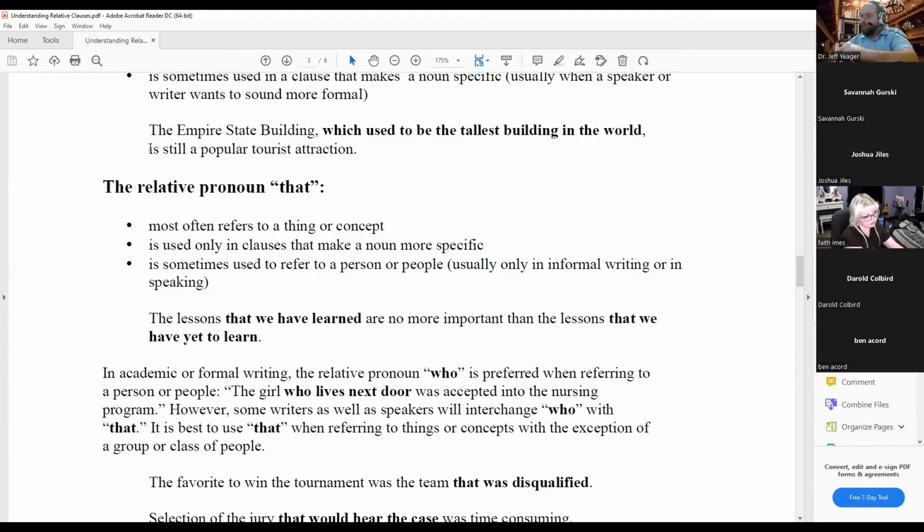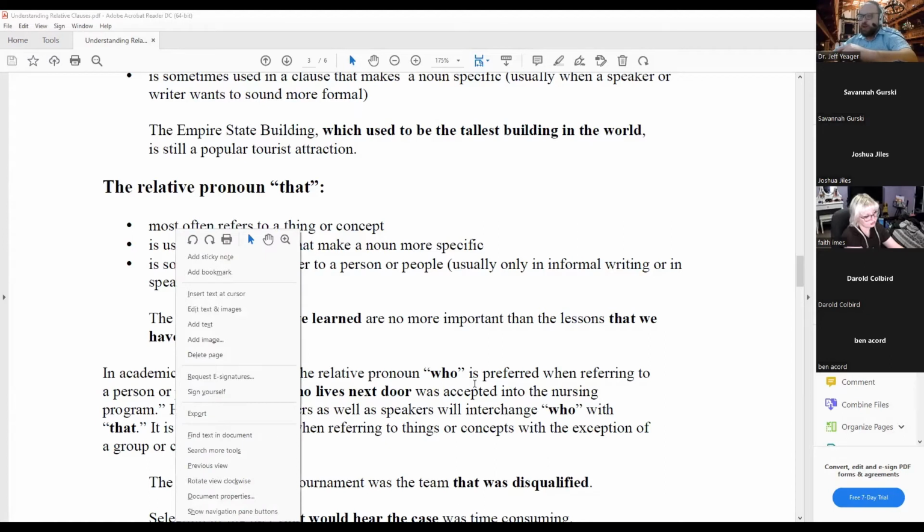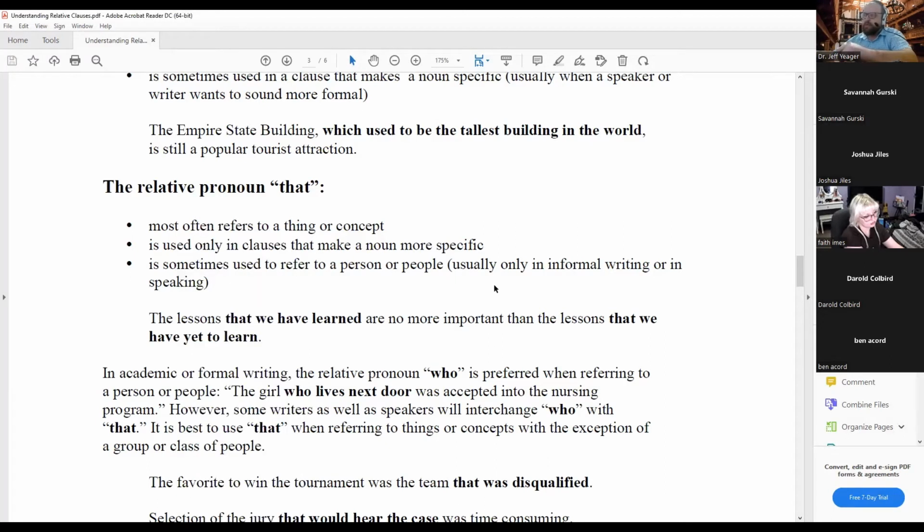If you read this sentence with which, if you say the lessons which we have learned are no more important than the lessons which we have yet to learn, if you read it aloud like that, it actually doesn't sound wrong to your ear. Like it makes sense, right? Using which doesn't change the meaning, but grammatically, you're supposed to use that in that situation.